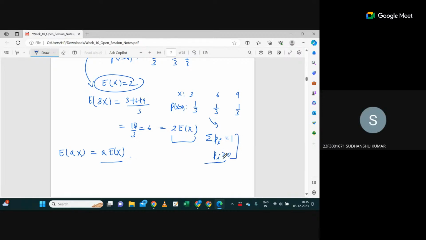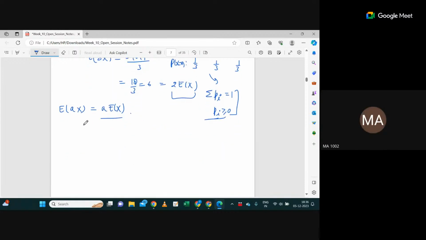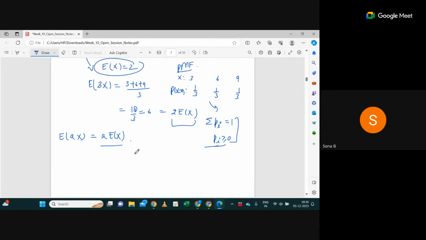Only then will it be the PMF of your random variable. In the case of discrete uniform random variables, the probabilities can be the same.